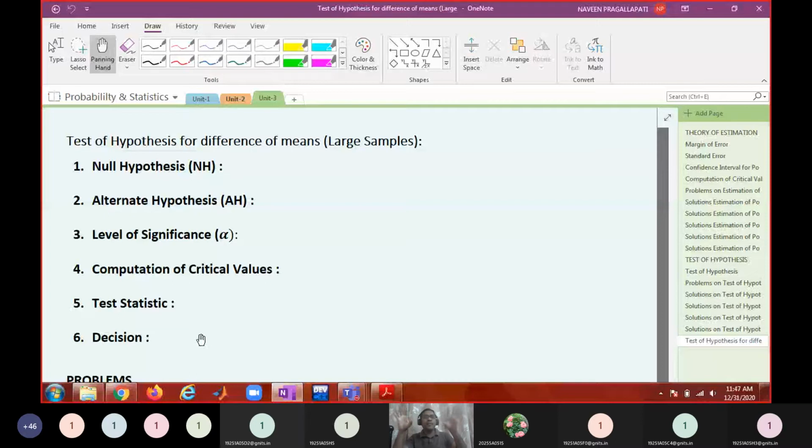So you may want to say that mu1 equal to mu2, or mu1 greater than mu2, or mu1 less than mu2. Or you may want to say that there is a specific difference between mu1 and mu2, let us say mu1 minus mu2 equal to 10. And that difference you want to test: is it exactly 10, or is it more than 10, or less than 10, or not equal to 10?